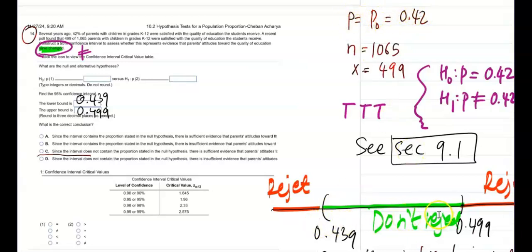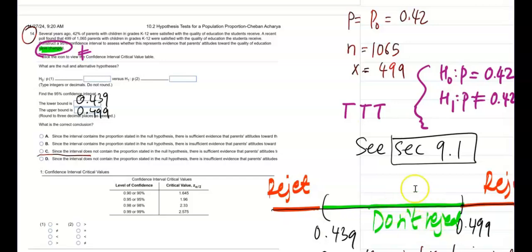Let me tell you before, this interval region is called the do not reject region. The outside of the interval is called the reject region. If P0 belongs inside the interval, we do not reject the null hypothesis. If P0 belongs outside, you do reject the null hypothesis.